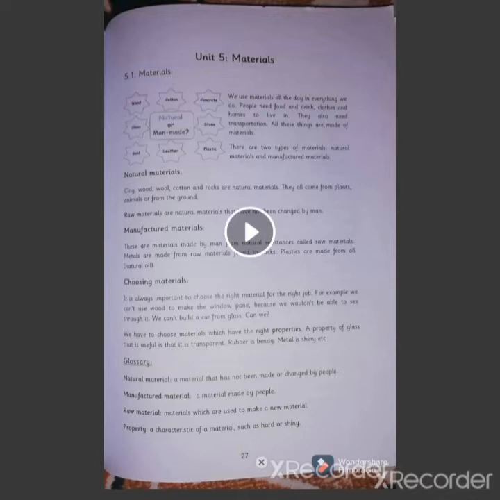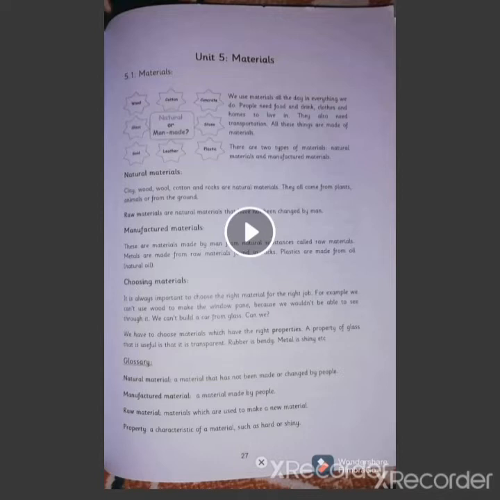A property of glass that is useful is that it's transparent. Rubber is bendy. Metal is shiny, etc. So, choosing the right property of the material is what helps us get the job done. For example, like they said, we use glass for windows because it's transparent.